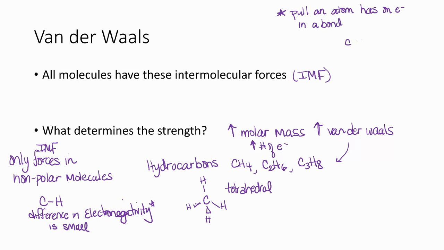And if you recall from your previous chemistry, the most electronegative atom is fluorine. You don't even need to remember the actual values. You just need to remember that fluorine is the most electronegative.